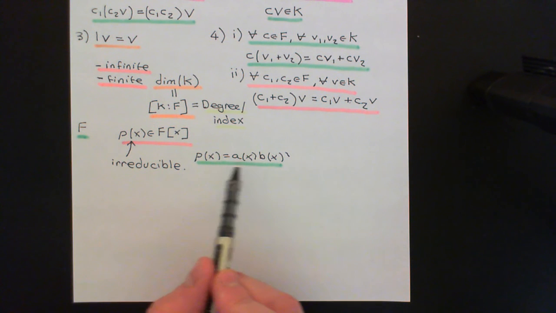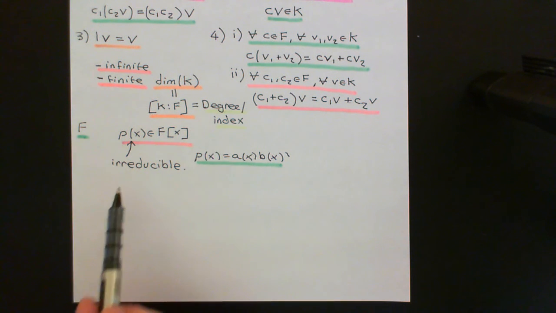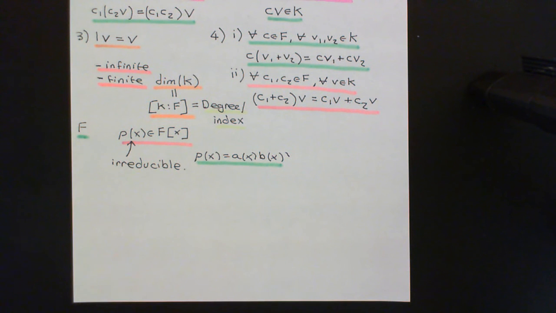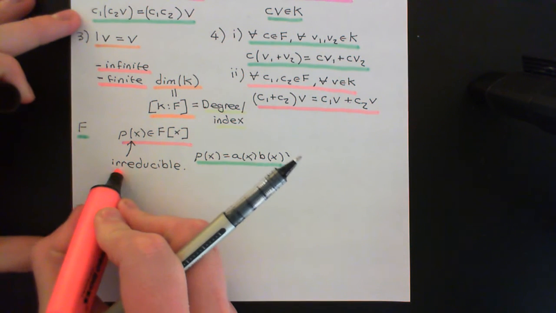Whenever you find a product that makes this polynomial p of x, which we are assuming here is irreducible, then one of them will be a unit and the other will just be an associate of that original polynomial that you're trying to make. So they're all boring products that make this polynomial. So we're going to assume it's an irreducible polynomial.